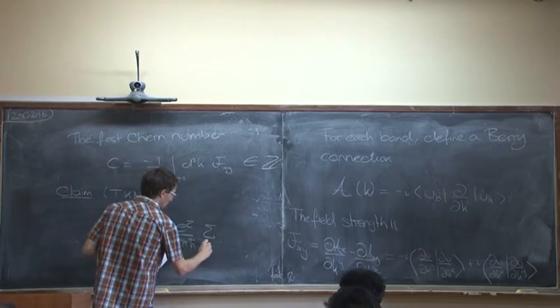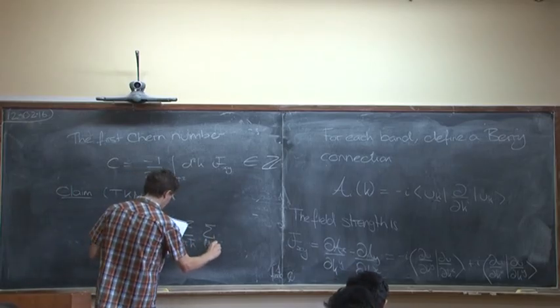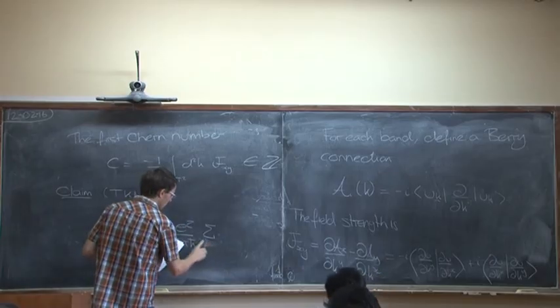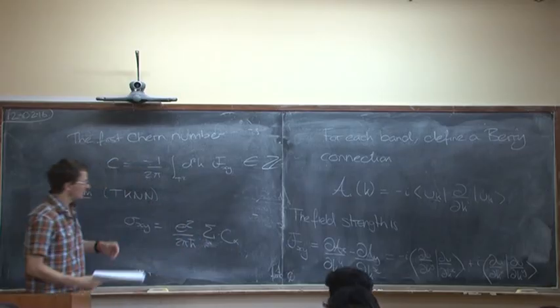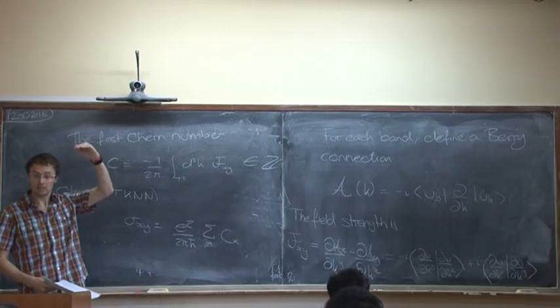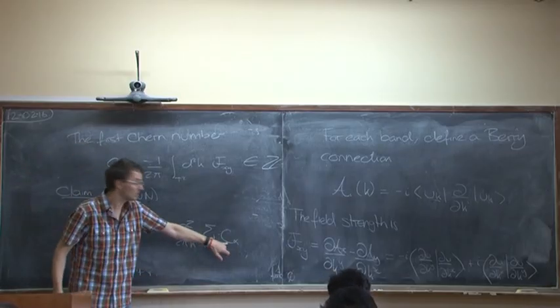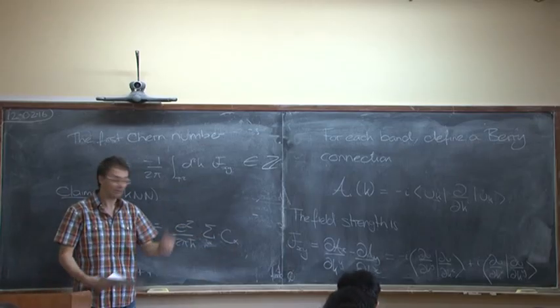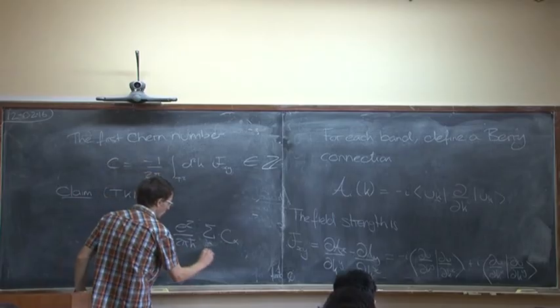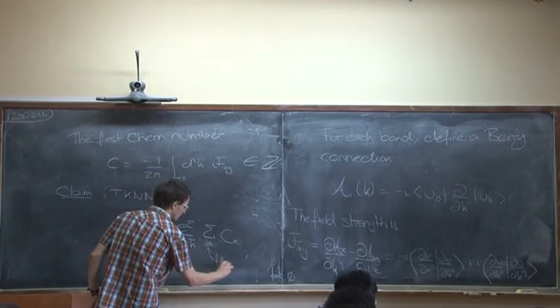Or more precisely, if you have some number of filled bands, to each band you can assign a Chern number. So each band gets assigned an index through this Berry phase procedure, and you sum over all filled bands.